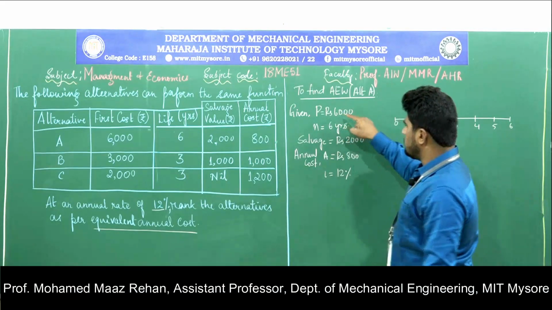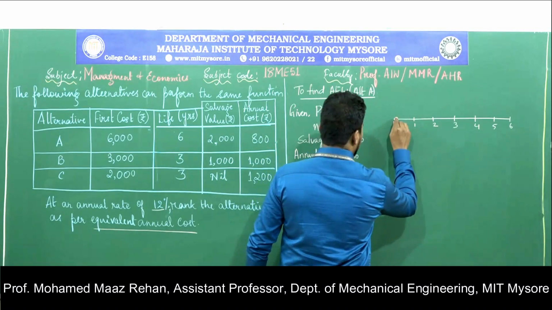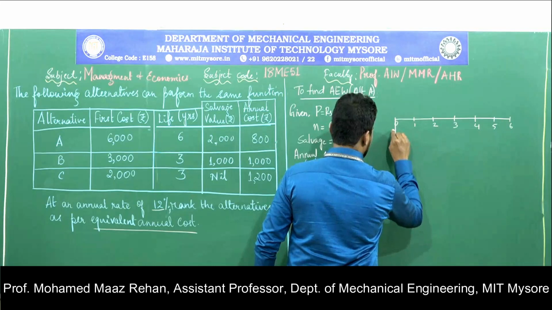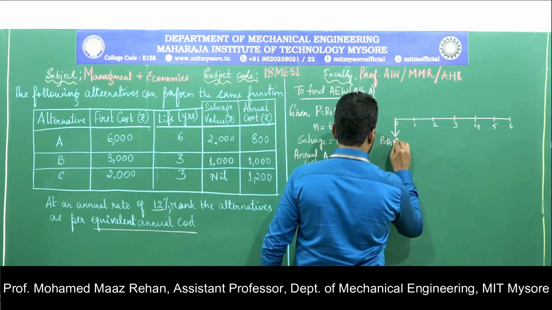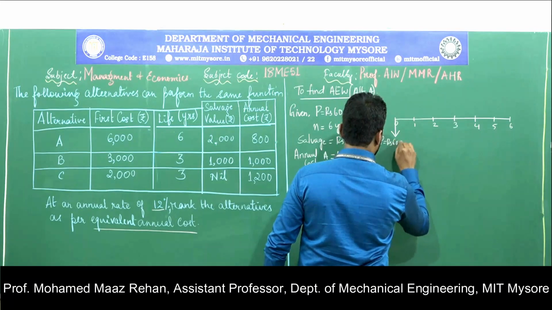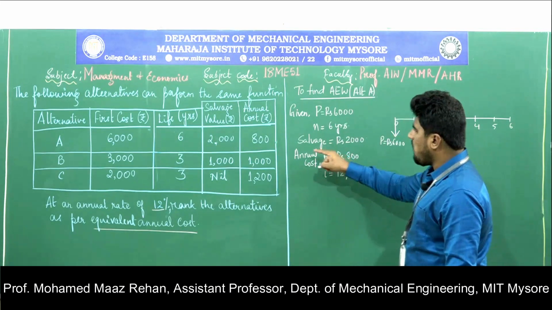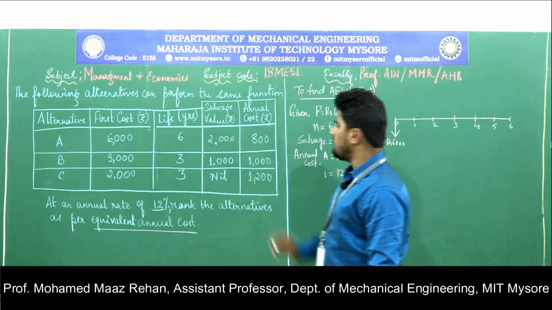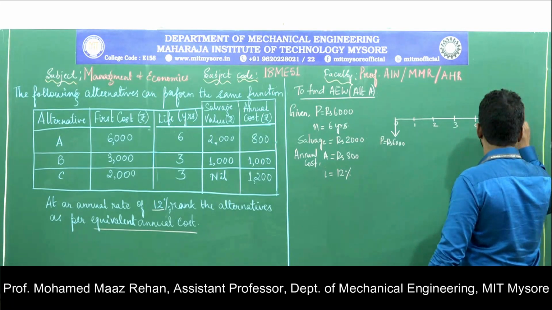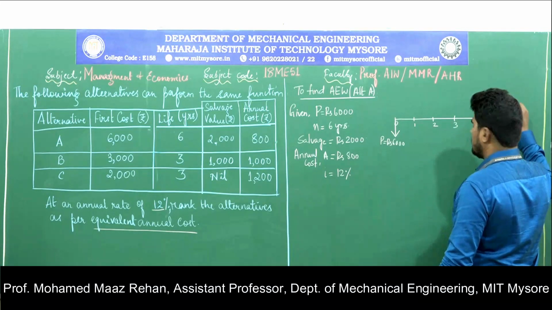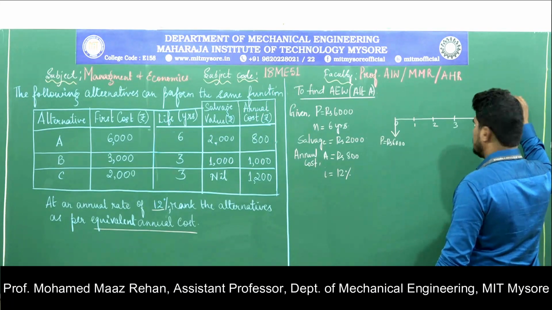First cost they have given, that is 6,000, at time 0; the cash flow is a downward arrow. P is 6,000. Next, the salvage value they have given, that is future value F, rupees 2,000.